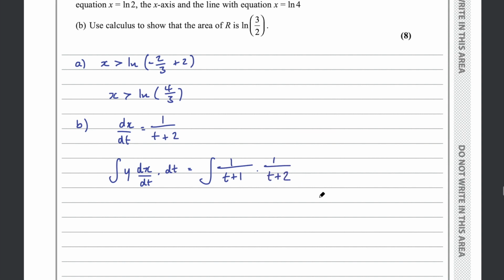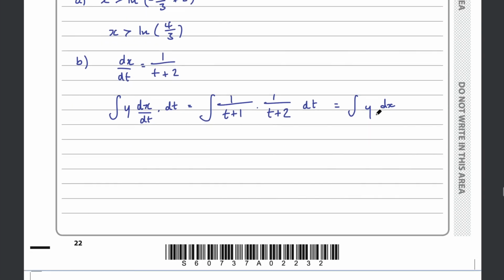And then we still have that dt here. So even though we're taking the integral with respect to t, this is equivalent to the integral of y with respect to x. That's kind of a confusing point, but hopefully you can see that in this expression, those dt's effectively get cancelled out.